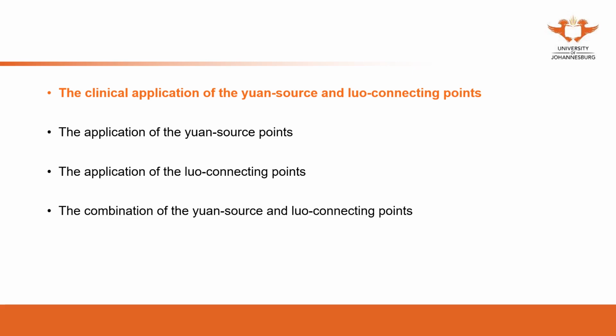When you palpate on these points, if you see some changes, sometimes not obvious, but the patient feels tender or sensitive, or even pain, or different sensations from other areas, then this may indicate the affected organ may be affected. So you also can use the Yuan source points for your diagnosis.